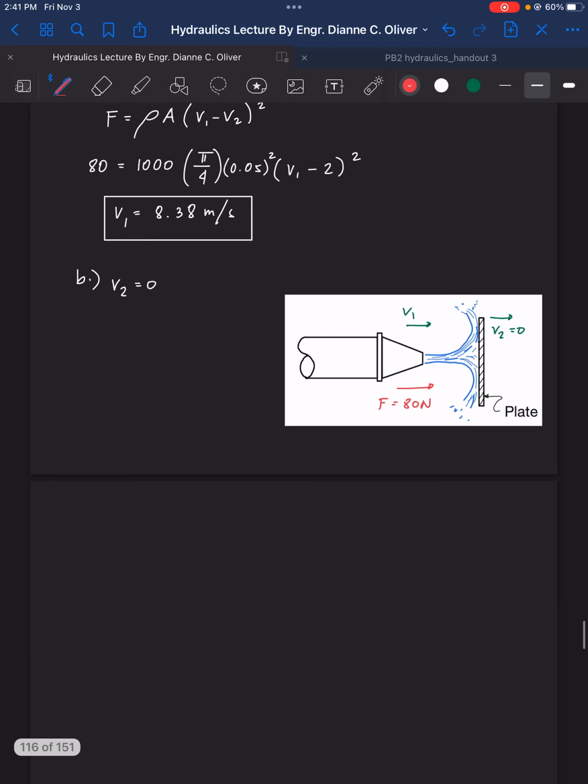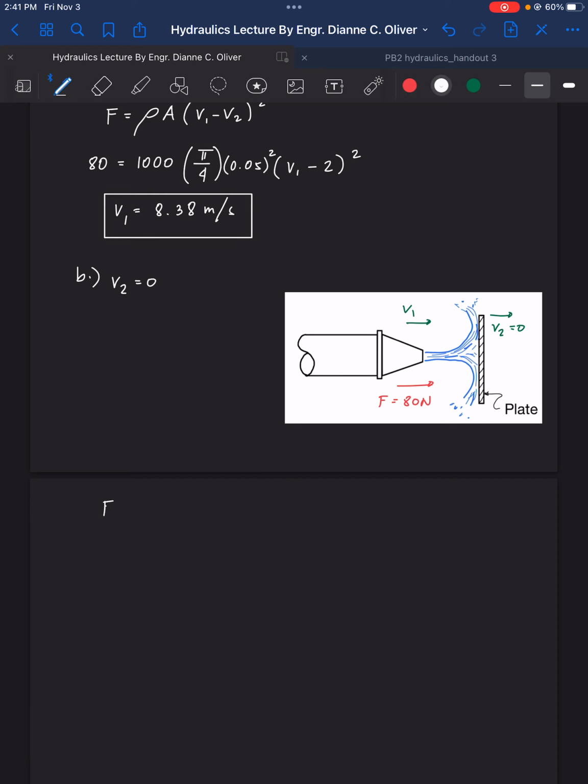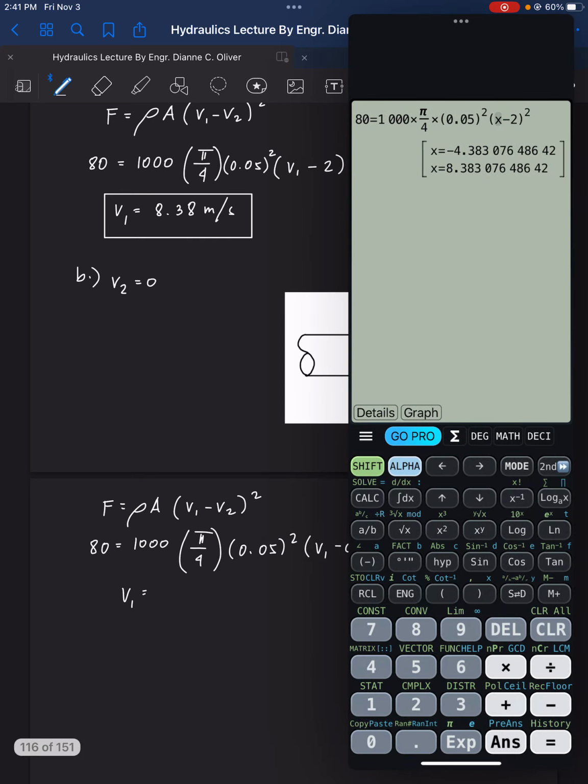From the formula, F is equal to the density times area times (V1 − V2) squared. So, given F is equal to 80, density is 1,000, area is π over 4, diameter of 0.05 squared, V1 minus 0, squared.